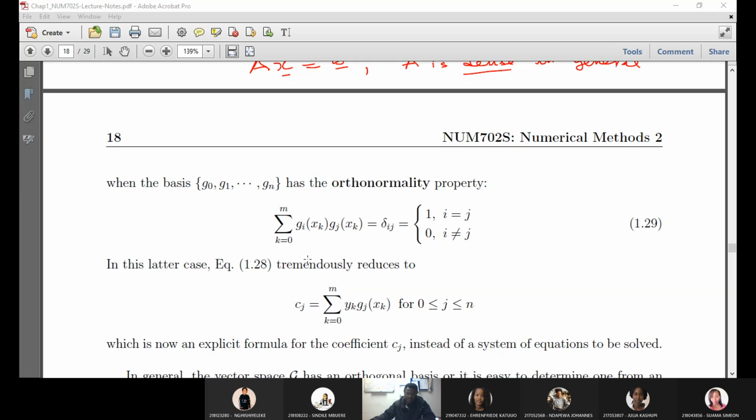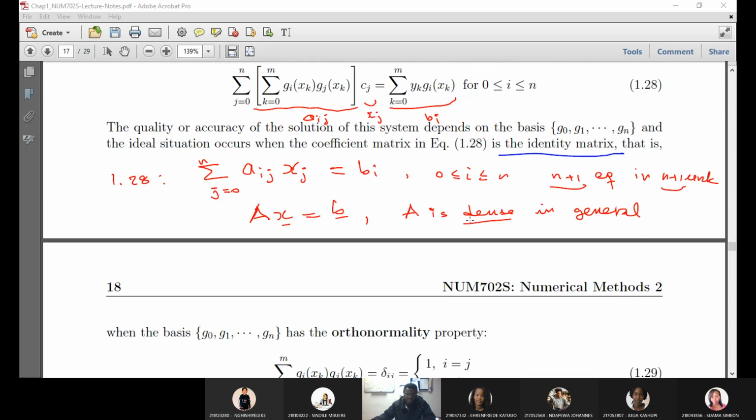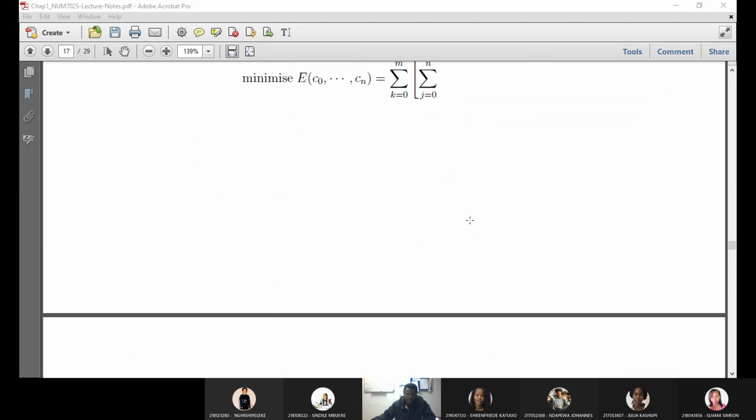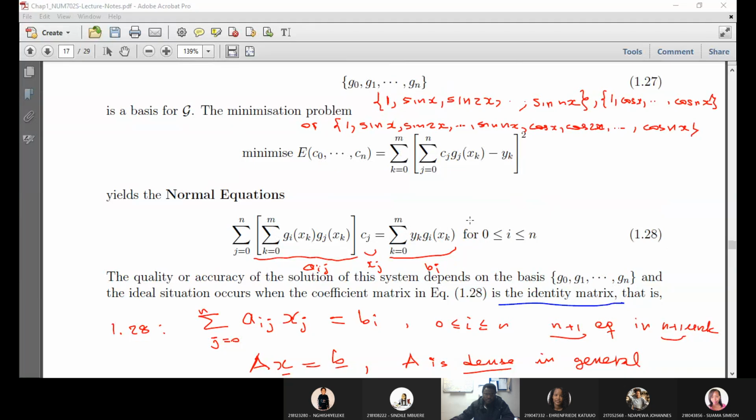Now, if you look at the summation here, you can see that k runs from 0 to m. So here, you take a finite number of points xk to define orthogonality.